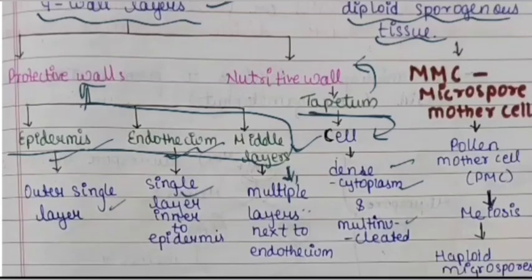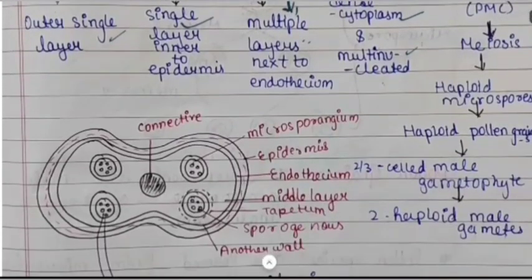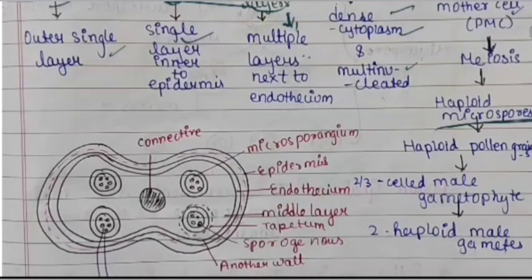The diploid sporogenous tissue forms the MMC, that is the microspore mother cell, also called the pollen mother cell. By the process of meiosis, haploid microspores are formed, which further develop into pollen grains, also known as the male gametophyte. Let us take a look at the diagram.